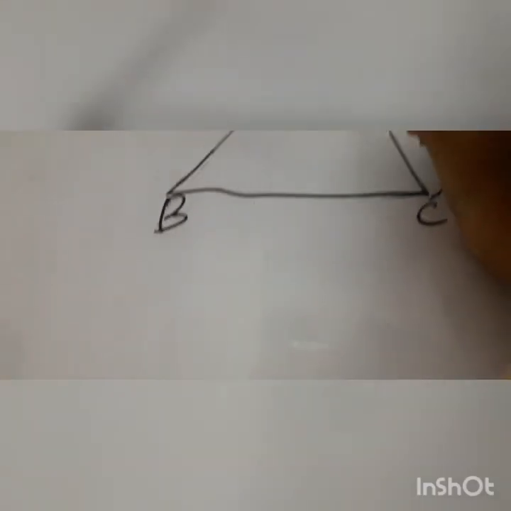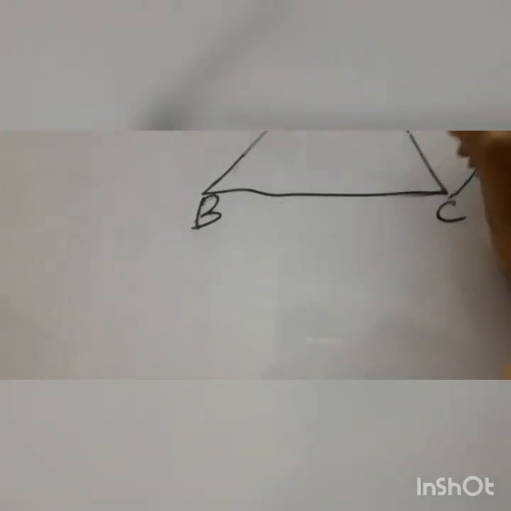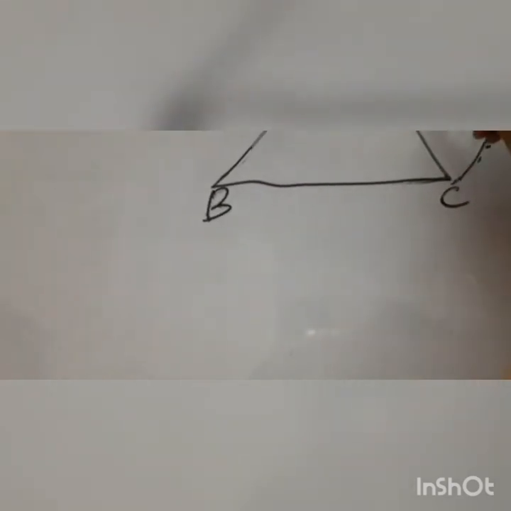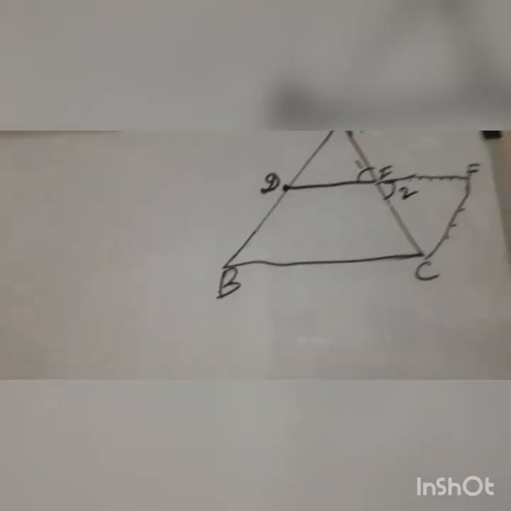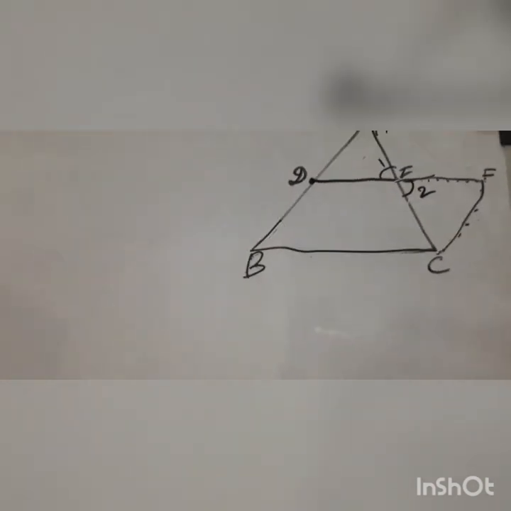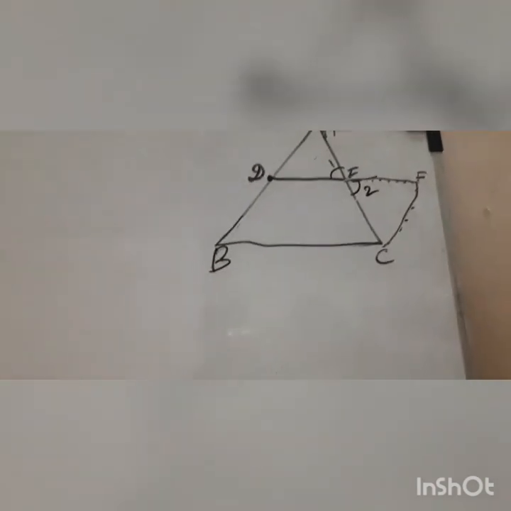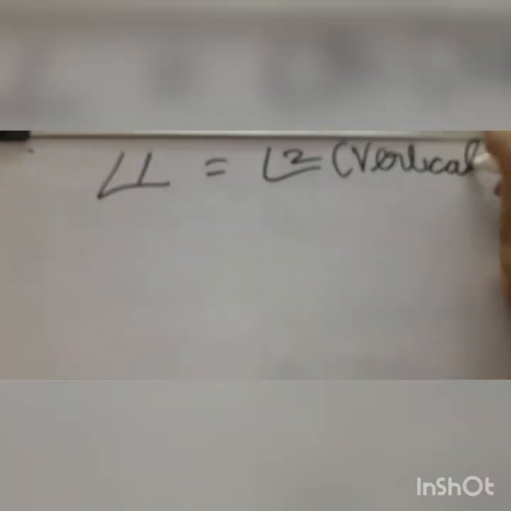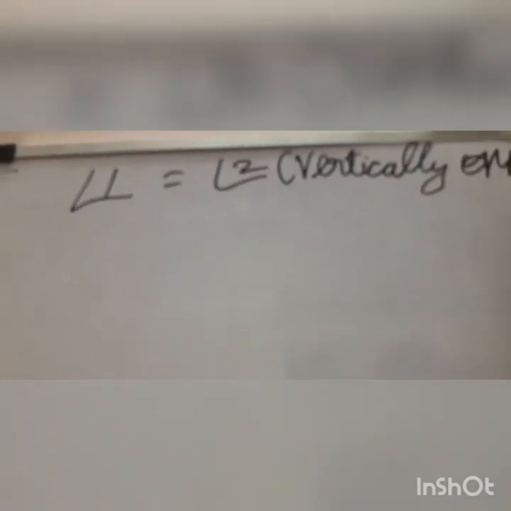Again, there are two angles here, right? So, angle 1 and angle 2. I give the names like this, okay? Angle 1 and angle 2. These are equal due to vertically opposite angles. So, I have mentioned here that angle 1 is equal to angle 2 due to vertically opposite angles. Okay.